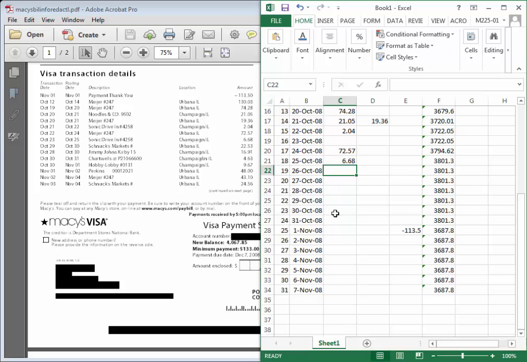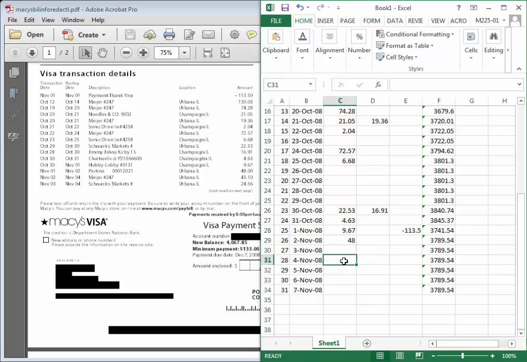On the 30th, two transactions, $22.53 and $16.91. On the 31st, $4.63. On the 1st, $9.67. Remember, we also have that payment on November 1st. On November 2nd, $48.